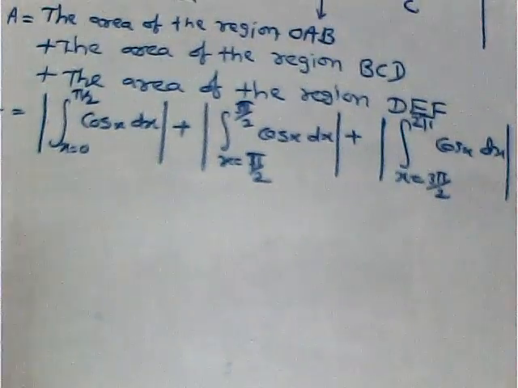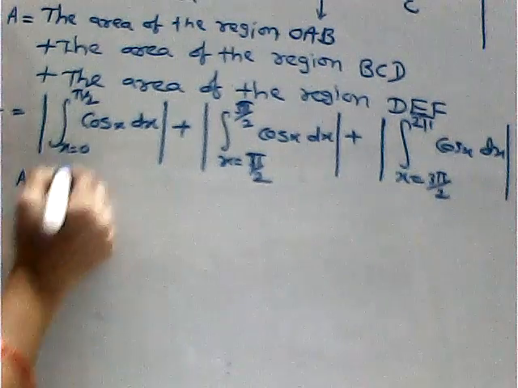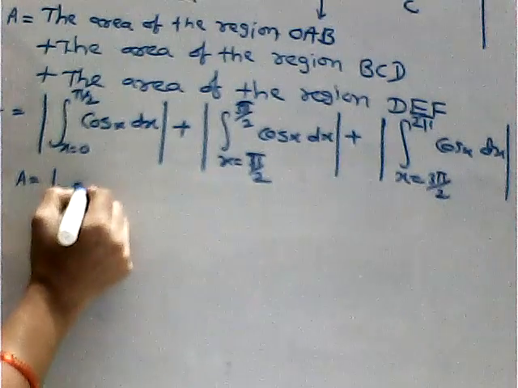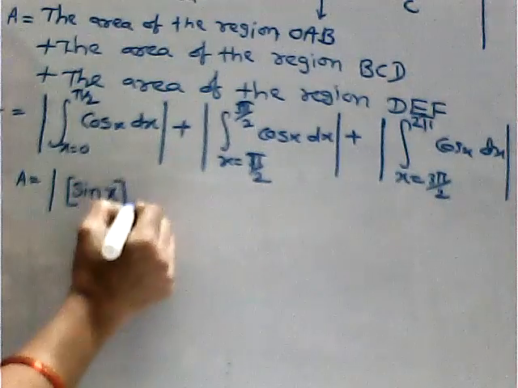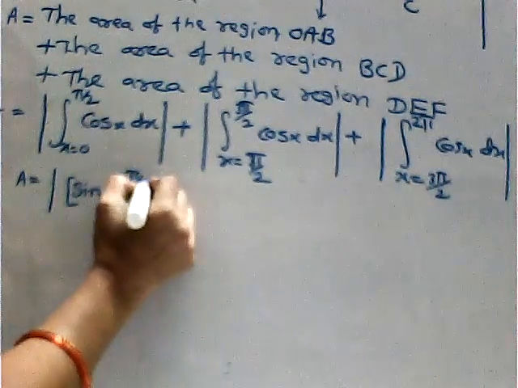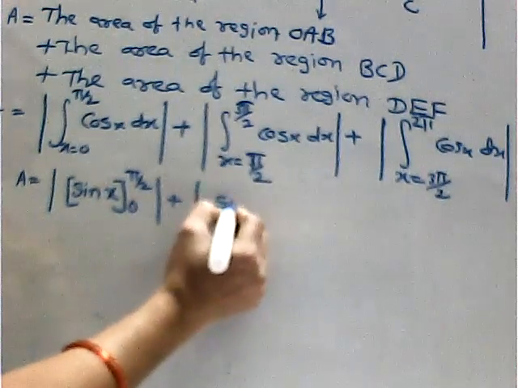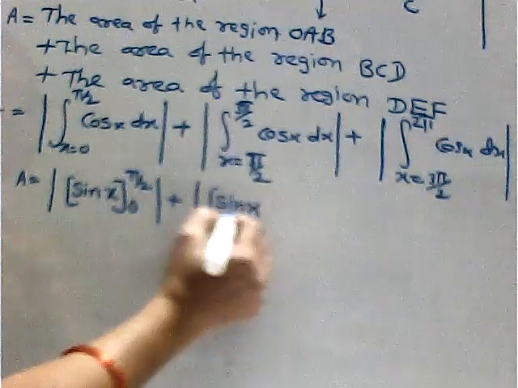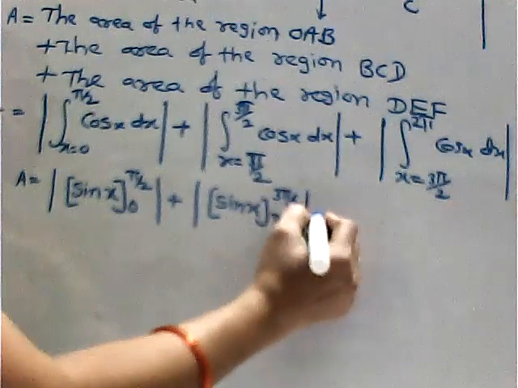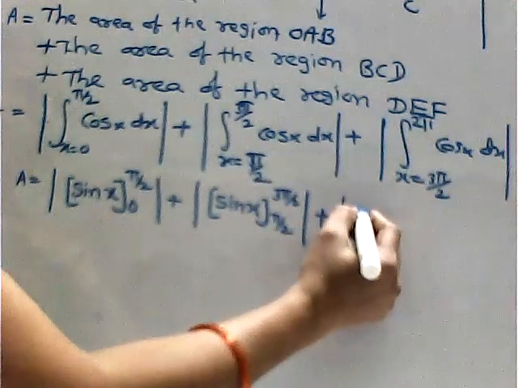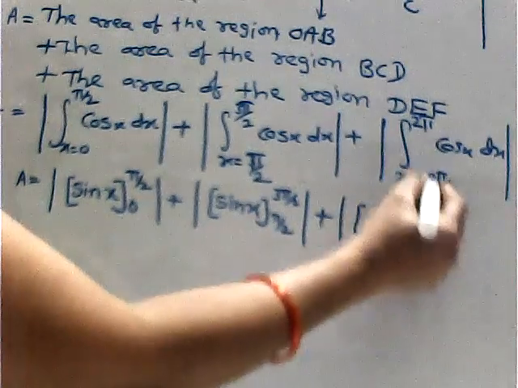A is equal to the modulus of the integration of cos x, whose formula is sin x, taken over the interval 0 to pi by 2, plus the integration of cos x, sin x, over pi by 2 to 3 pi by 2 in modulus, and next sin x over the region 3 pi by 2 to 2 pi.